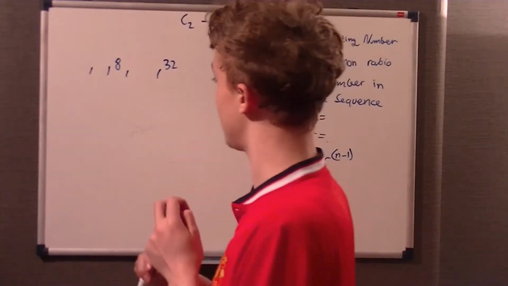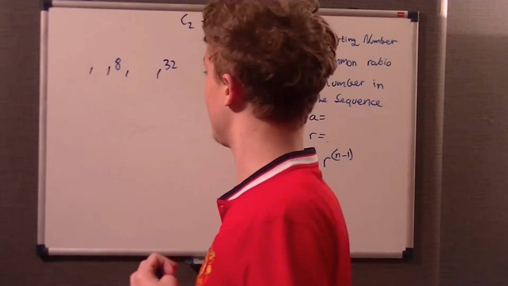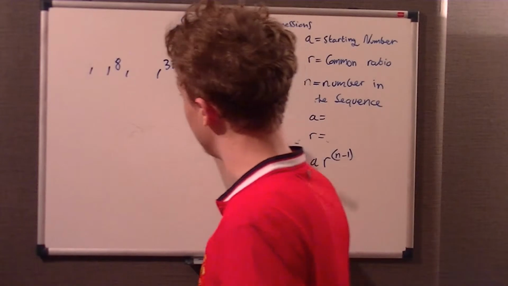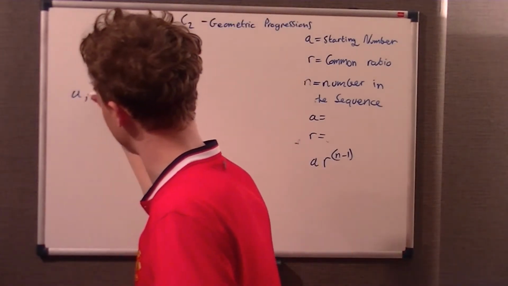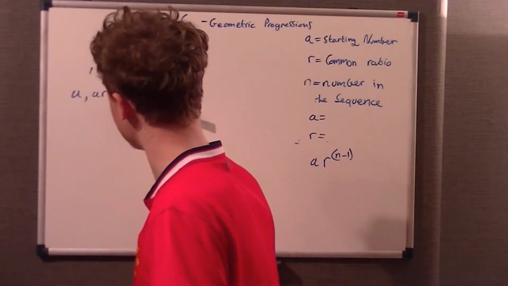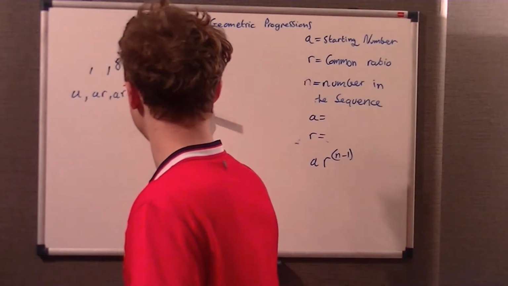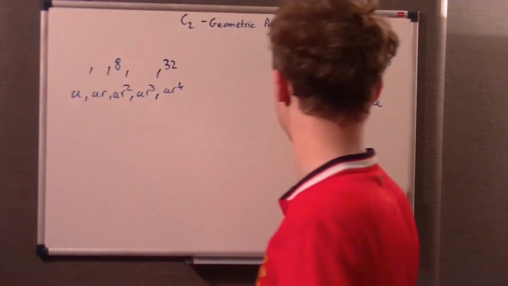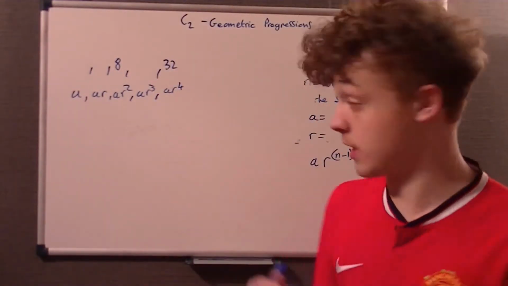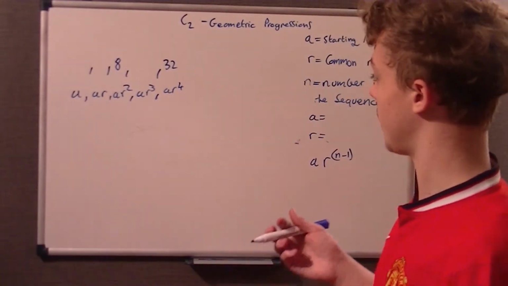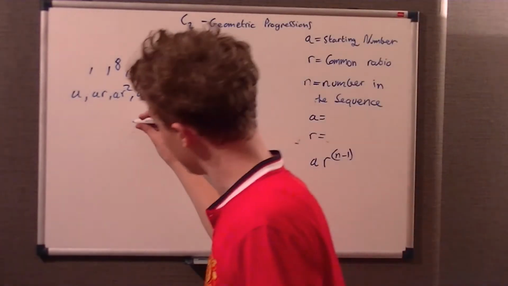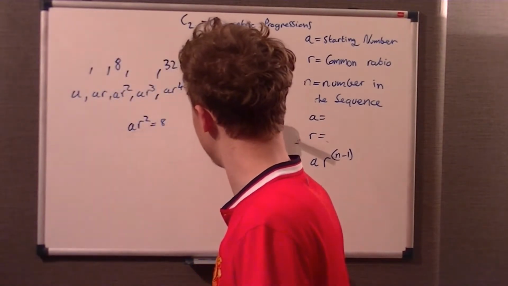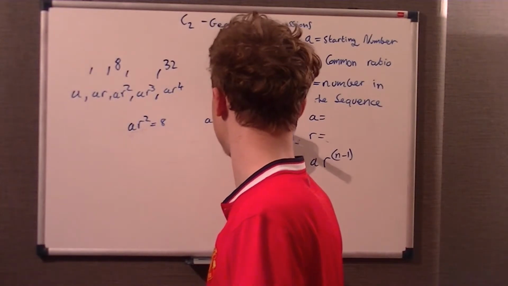It says find the starting number and the common ratio. The first number is a, we're not given ar, we're given ar squared, we're not given ar cubed, we're given ar to the 4, because ar to the power of n take 1 gives us the number in the sequence. So ar squared equals 8, ar to the 4 equals 32.